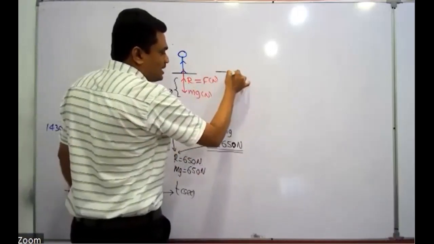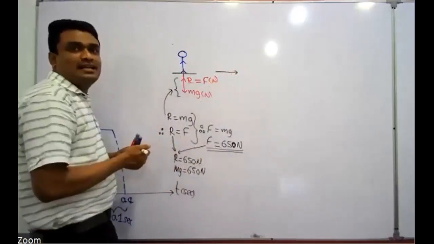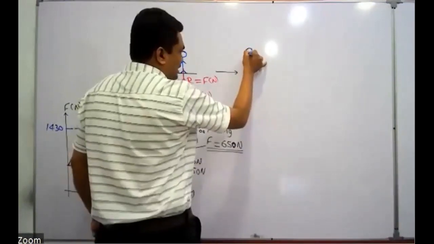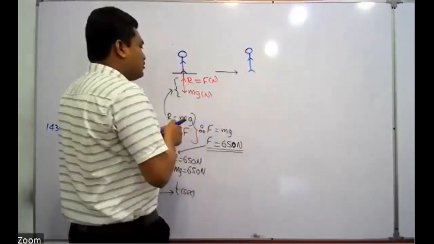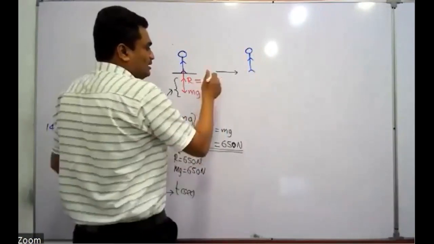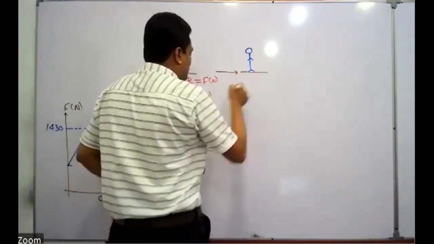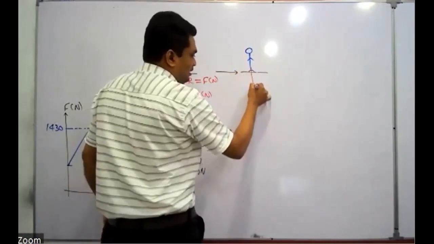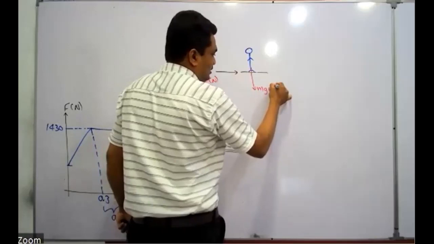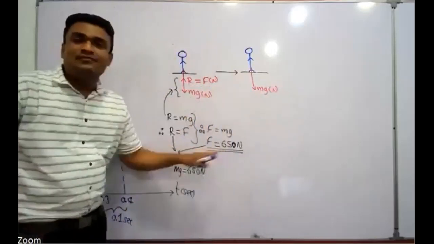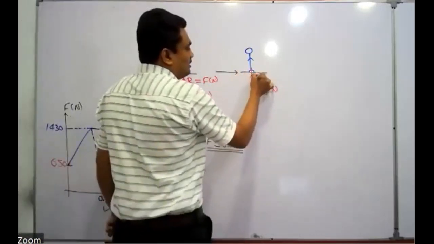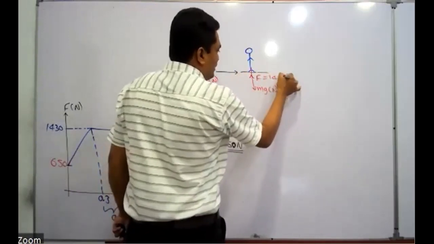Now this man presses the legs to the ground and gets more force. The force given by the ground increases from 650 to how many Newton here? mg remains unchanged. This F initially 650 increased to 1430 Newton.